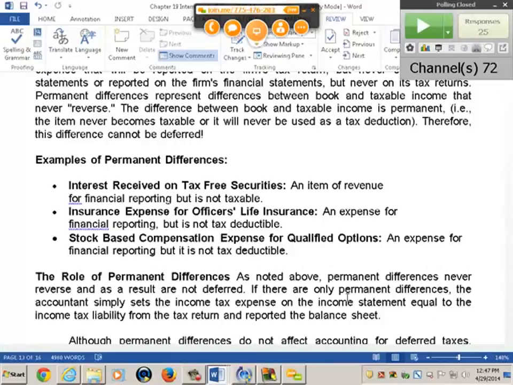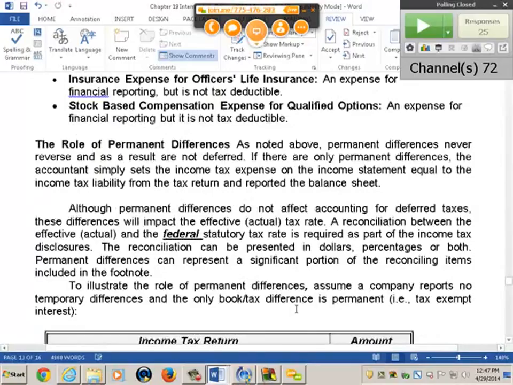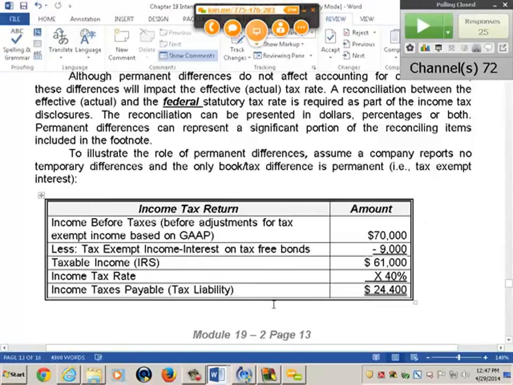Now, if permanent differences are not deferred, their role is in this reconciliation of the federal tax rate to the effective tax rate. Now, here's an example. Let me put this up on the screen for you. You've got income for GAAP purposes of $70,000.